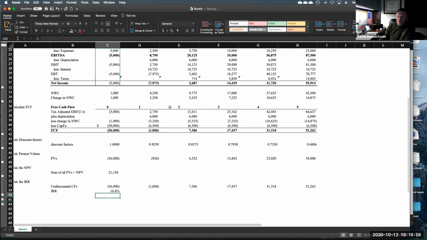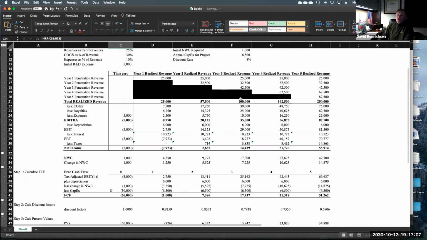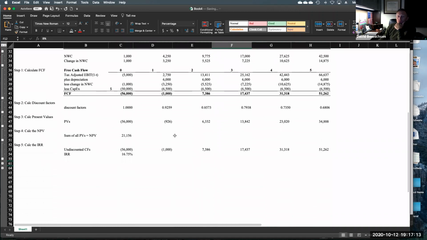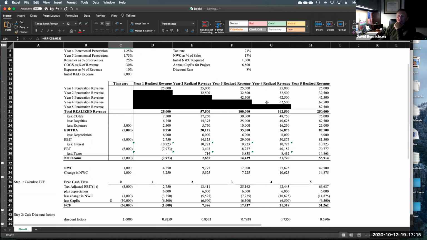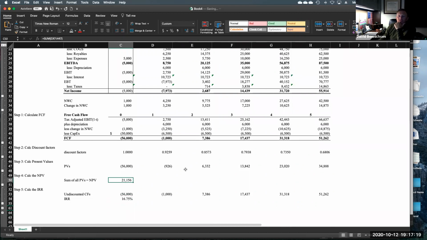So let's see if you got the gist of IRR. If I changed the discount rate here from 8% to 16.75%, what does my NPV of the project go to? 0.